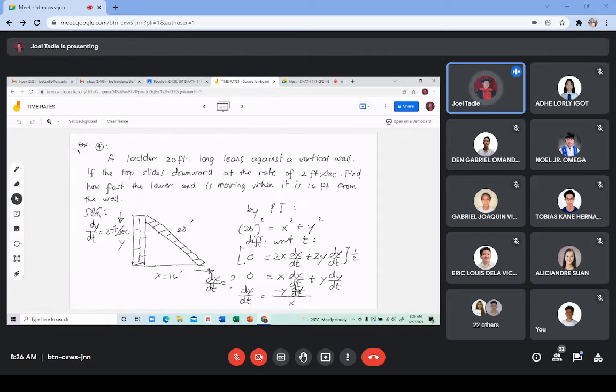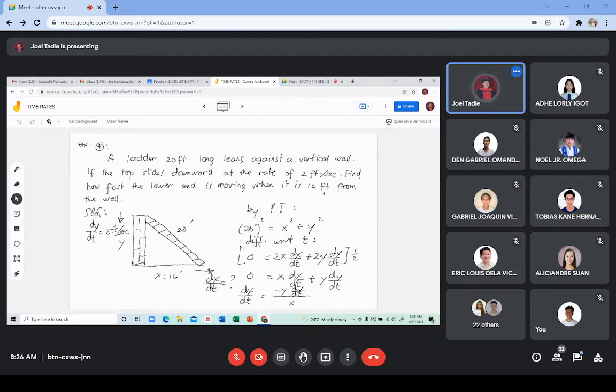So there is a ladder 20 feet long nagsandig sa vertical wall, no? Wala gihatag ang height sa vertical wall, pero gihatag ang location sa bottom of the ladder from the wall.